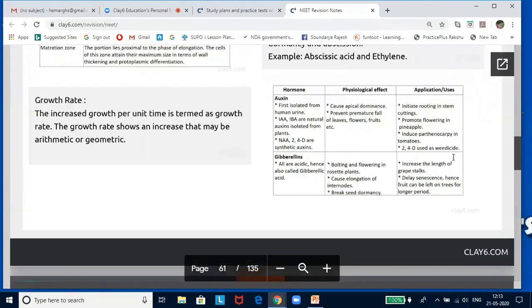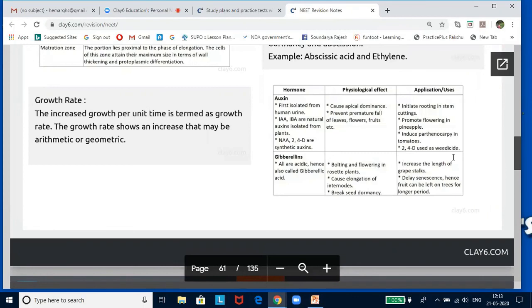The term auxin is applied to indole-3-acetic acid, IAA, and to natural and synthetic compounds having similar structure and growth regulating properties. Auxins are generally produced by the growing apices of the stem and the root, from where they migrate to the region of their action. Auxins like IAA and indole butyric acid, which is also called IBA, have been isolated from plants.